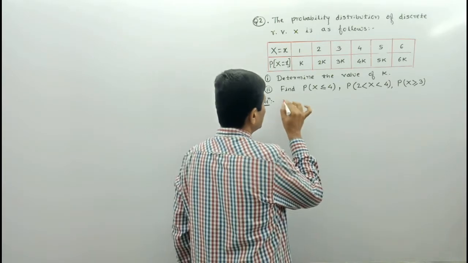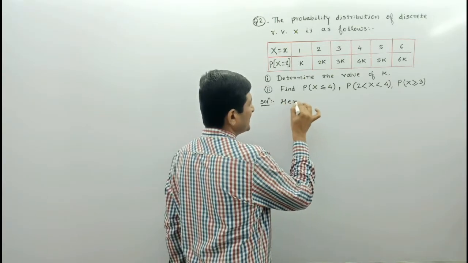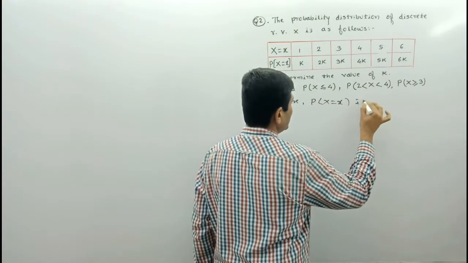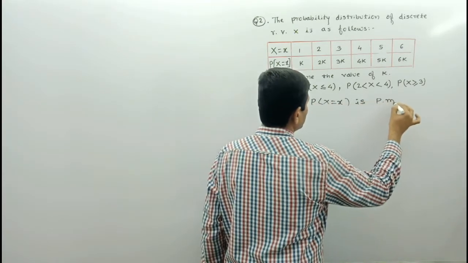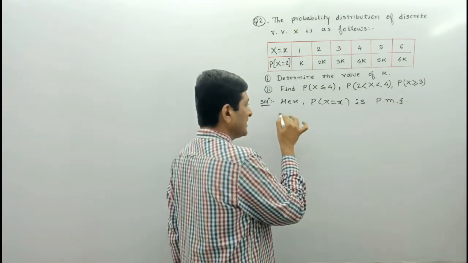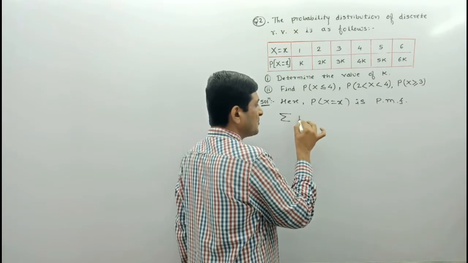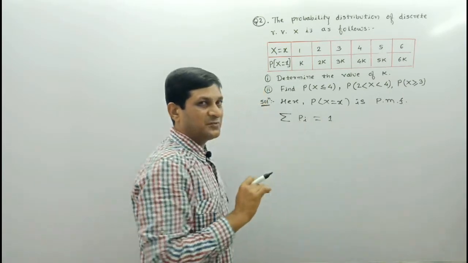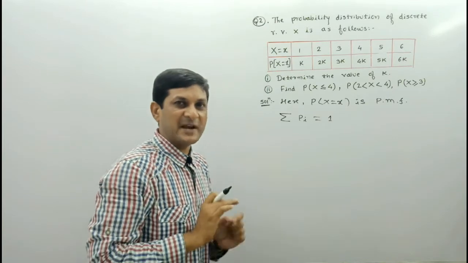So here p of x is the probability mass function. Since it is a probability mass function, we can conclude that sum of all probabilities will be equal to what? 1.